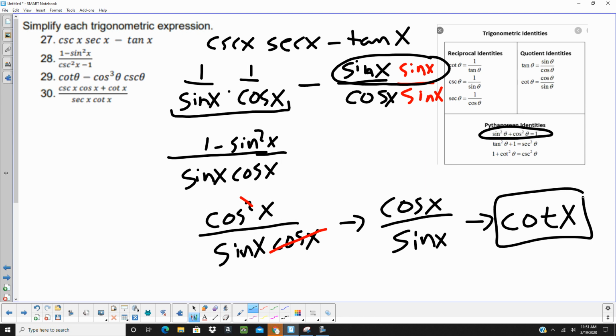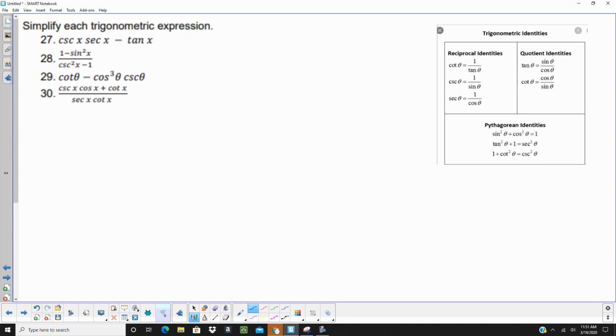Let's go ahead and go to 28. On 28, I start with 1 minus sine squared theta. Again, I've got sine squared theta plus cosine squared theta equals 1.